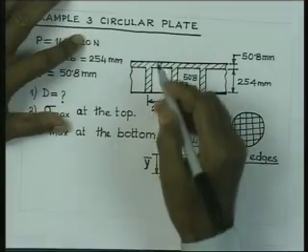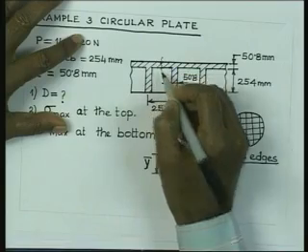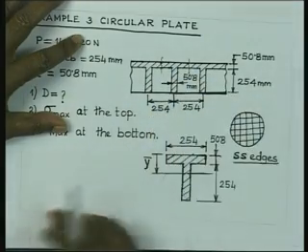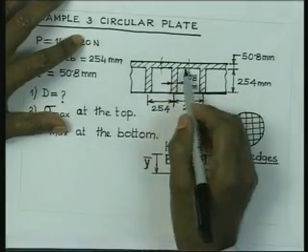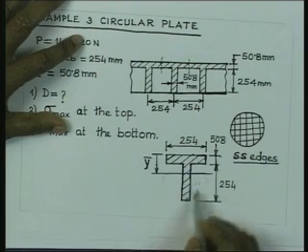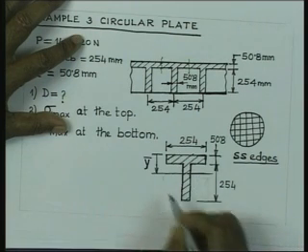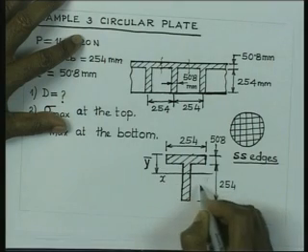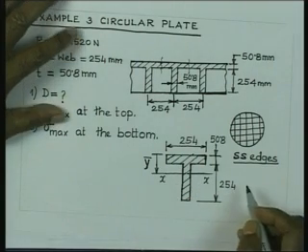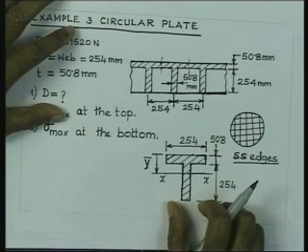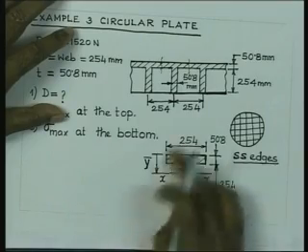Now, if you consider a portion of the plate which is 254 millimeter, the section of the plate is going to look like a T. Now, this becomes the dimension of the section rather than a uniformly thick plate, and we can do the calculations considering I for this section.